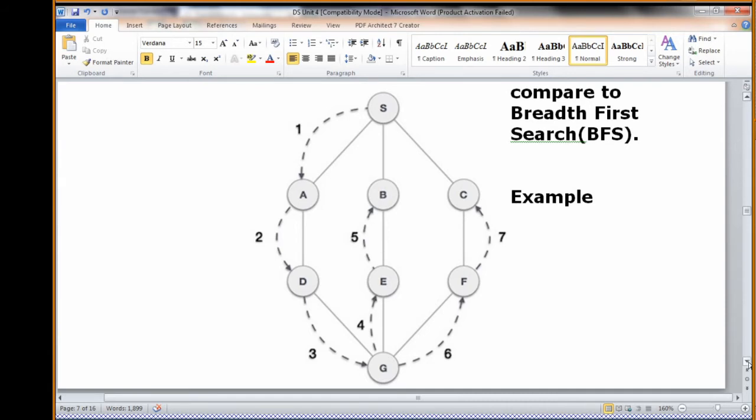So it visits each node exactly once, traversing from the root node to the left side, to the leaf node, and then it goes to the right side until it finds non-visited nodes. If a node is visited, it immediately searches other links from previous nodes and continues traversing. So the DFS order is S, A, D, G, E, B, F, C.